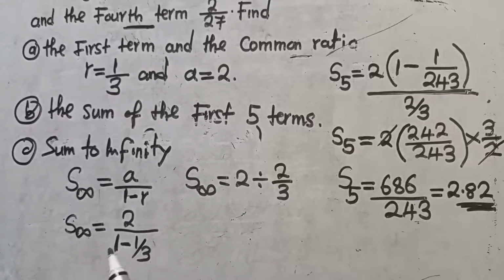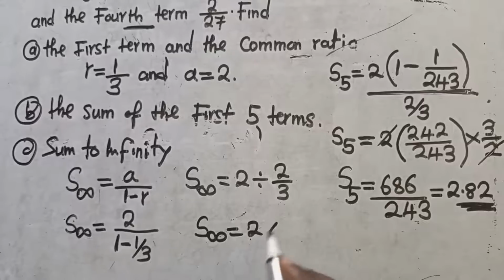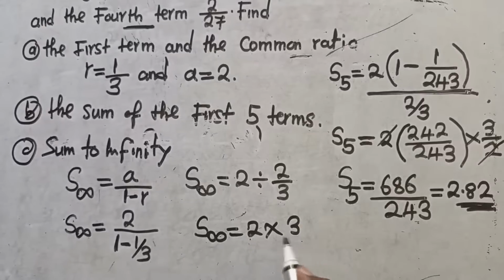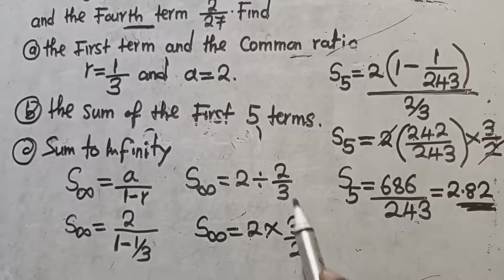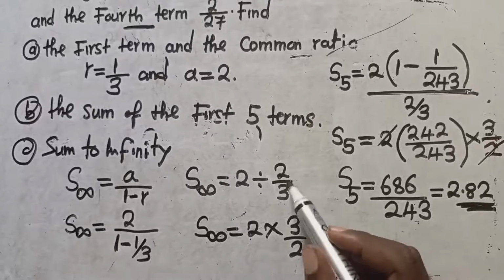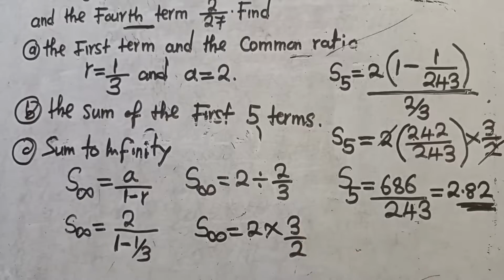So I guess no one is facing challenges. The way I found that one, that's how you are supposed to do even here. This one changes to times. So sum to infinity is equal to 2 times 3 over 2. The moment it changes to times, the fraction on your right hand side is going to reciprocate, meaning that the 3 goes on top, the 2 comes down.